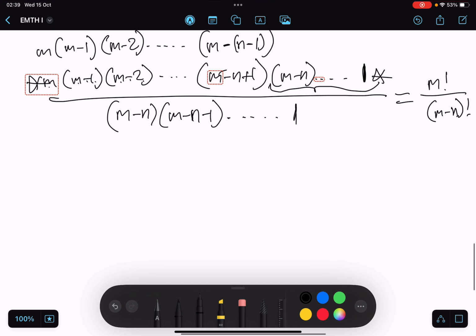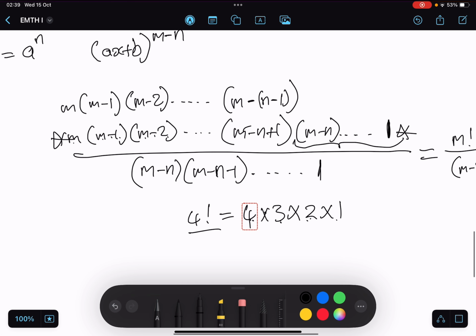Because remember, if you have 4 factorial, this is the same thing as saying starting with 4, and then 4 minus 1 is 3, 3 minus 1 is 2, 2 minus 1 is 1. So 4 factorial is 4 times 3 times 2 times 1. The same thing here: we start with m, we minus 1, we minus 2, up until we get to 1, isn't it?